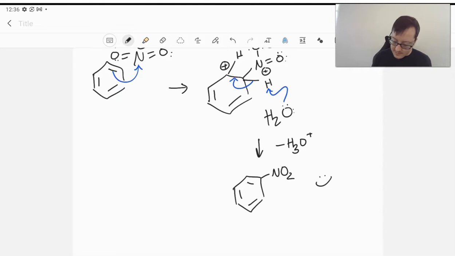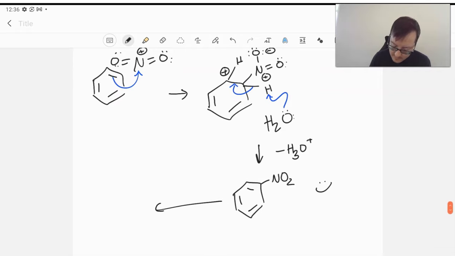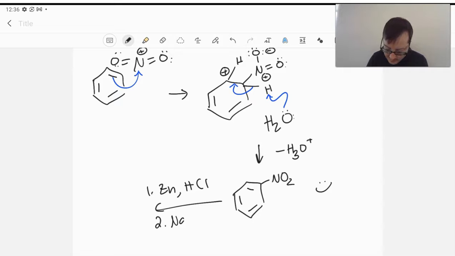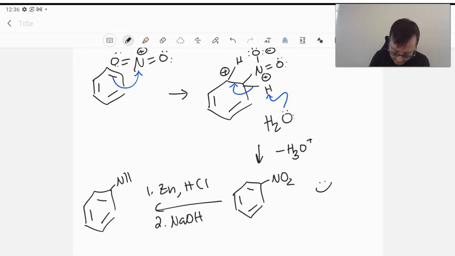If we treat this with zinc and HCl, followed by sodium hydroxide, we can reduce this to an amine. In the first step, the zinc and the HCl donate the hydrogens and take away the oxygens. And in the second step, we're going to end up with a protonated amine because amines are bases.